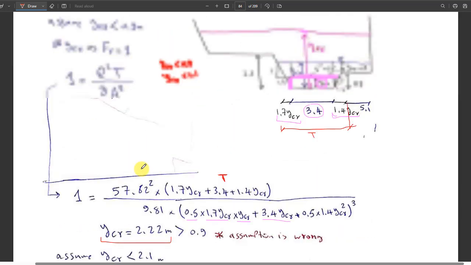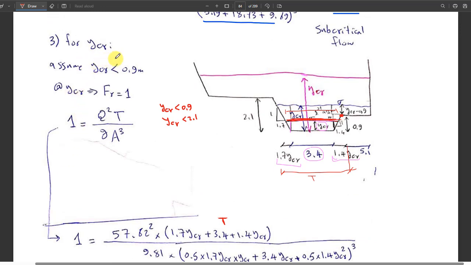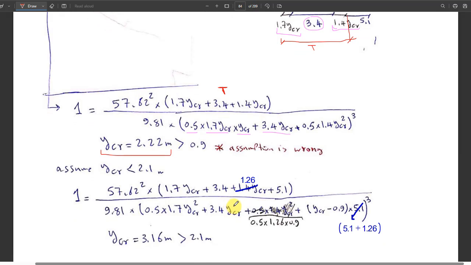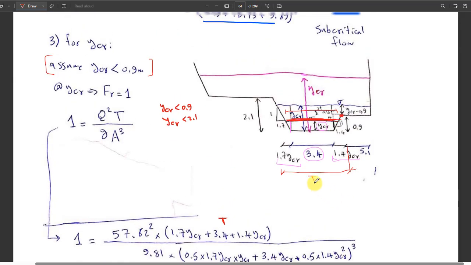Is it correct with the assumption? We assume that y critical will be less than 0.9, less than the first breaking point. It is not. Since it's not, it's greater. We can say it is not less than 0.9. Assumption is wrong. What does it mean assumption is wrong?